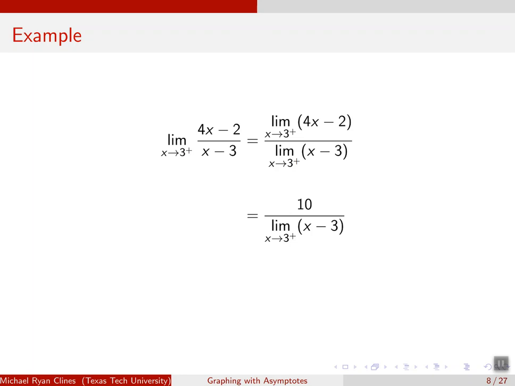So now we need to ask ourselves, what happens as we plug in values that get closer and closer to 3? Well, 10 is fixed. The numerator is fixed. That's not going to affect anything. But as we start punching in numbers that are really close to 3, this denominator is going to get arbitrarily small. As we get arbitrarily closer to 3, their difference is going to be arbitrarily small. Like plug in 3.1 and then 3.001, and then 3.0001.